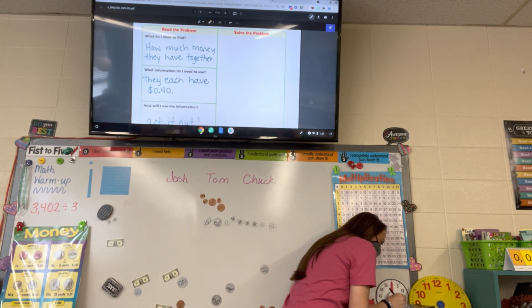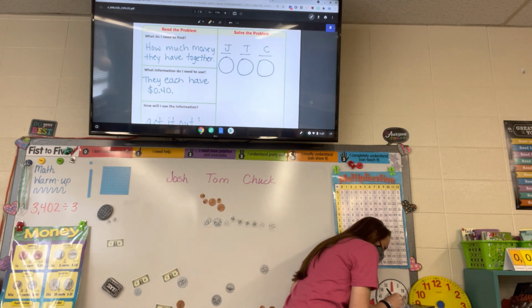So here's what we're gonna say. Josh, Tom, and Chuck. And then we're going to model the coins. So my quarters are gonna be the biggest. And I'm just going to do 25, 25, 25. And then dimes will be smaller.